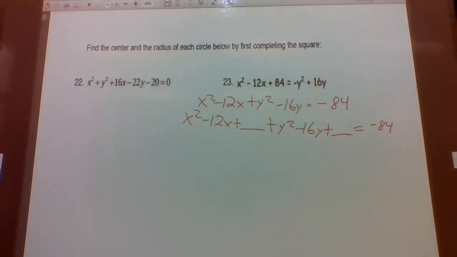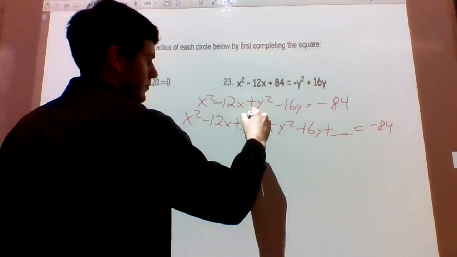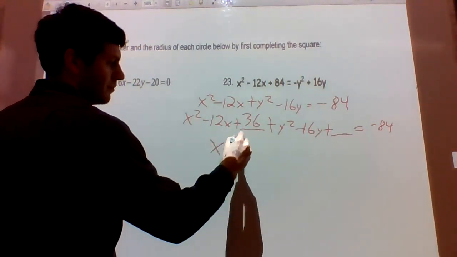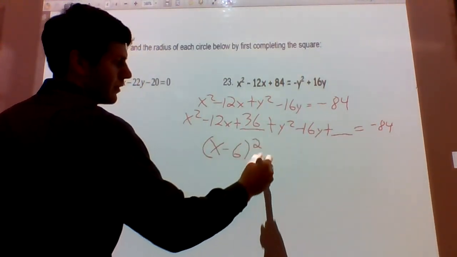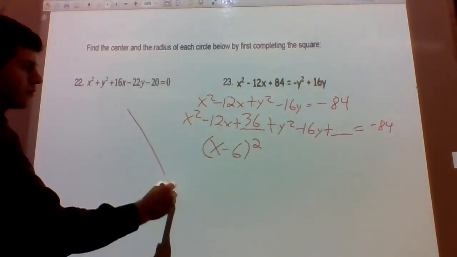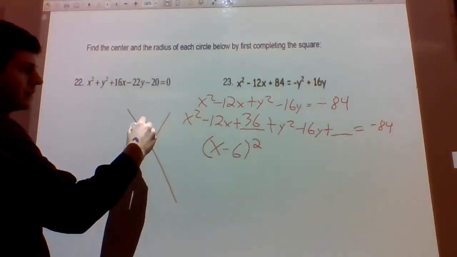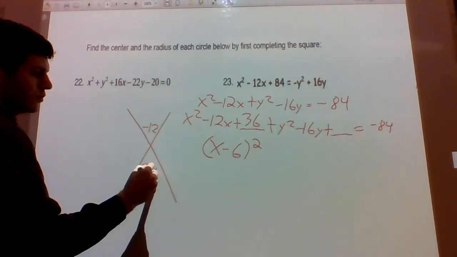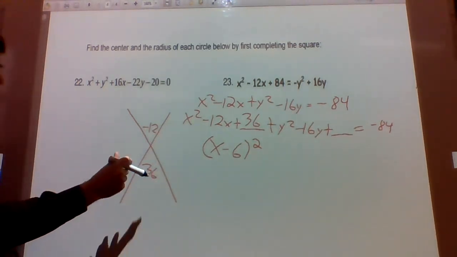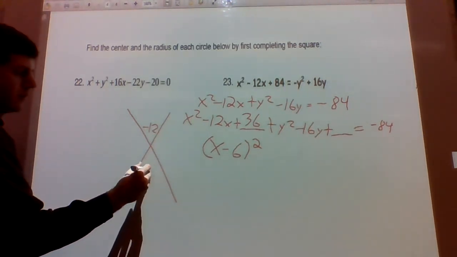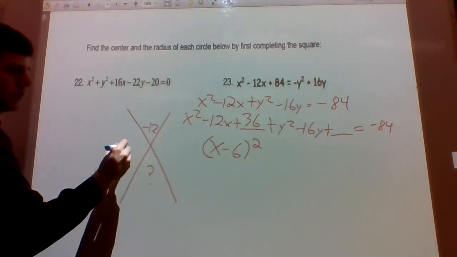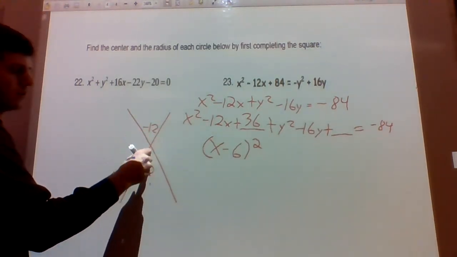So we want to divide 12 by 2, that's 6, and then square it. 6 squared is 36. That way this becomes x minus 6 squared when we factor it. The reason we're doing 36 is that what adds to negative 12 and multiplies to 36 allows us to have these numbers be equal. The way we do that is we divide this by 2 and square it.